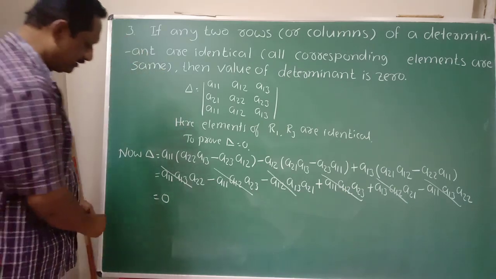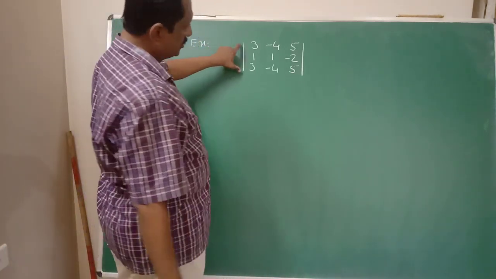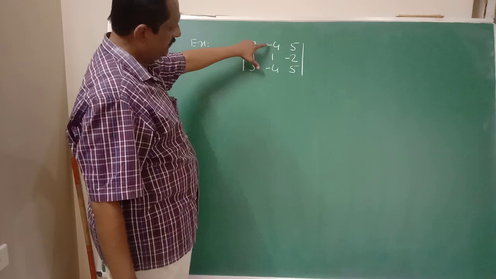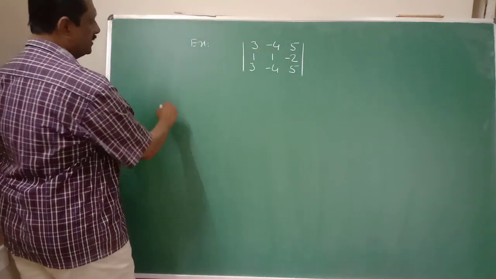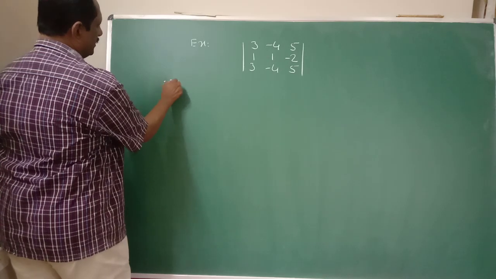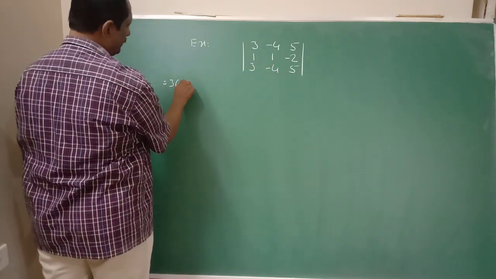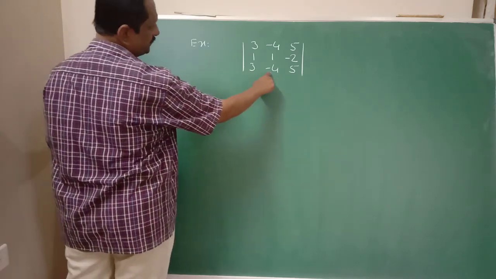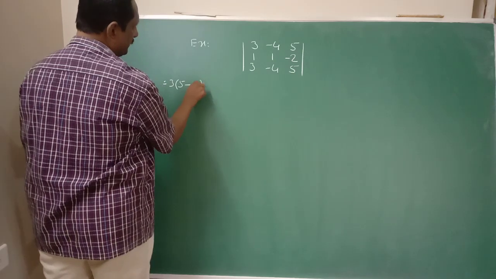Okay. So this is an example where two rows are identical: 3, 3, minus 4, 5 and 5. Just expand it. 3 into bracket 1 into 5 becomes 5 minus of minus 4 into minus 2, minus minus plus, 4 2s are 8.